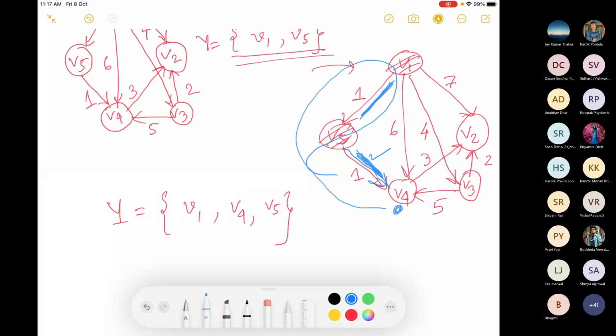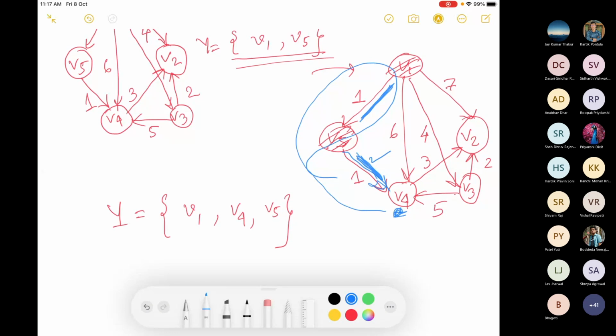Sir, can you say that again? Yeah. So now your candidate vertex to be included is V4, right? And which edge is touching V4 with the set F? F has vertices with edges in between them. Which edge is touching it?